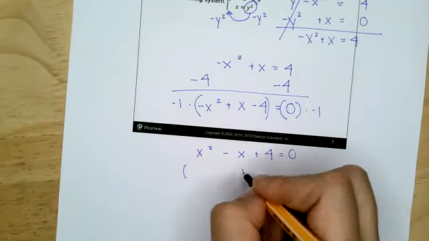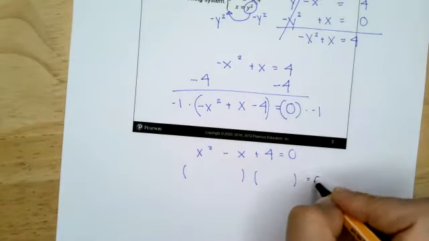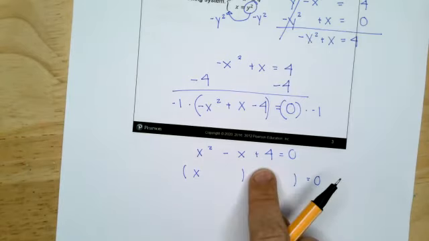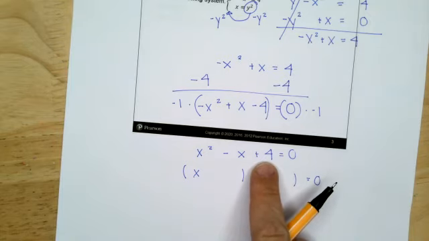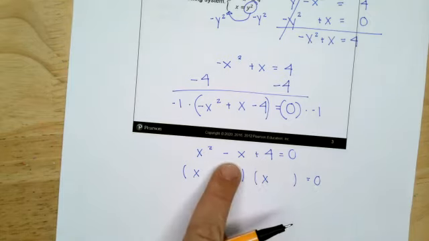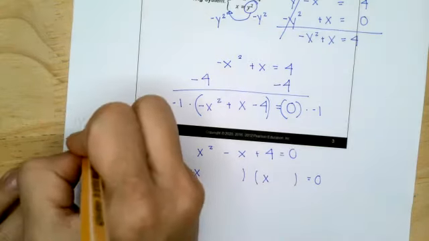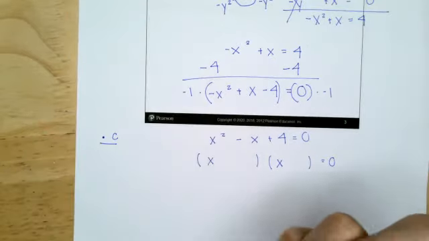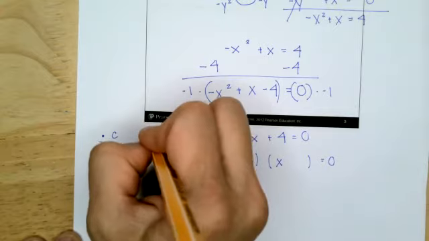Now, is this going to factor? The only 2 factors of x squared are x. Is there anything that you can multiply to get a 4, but add to get a -1? Remember, you multiply to get c, and then you add to get b.